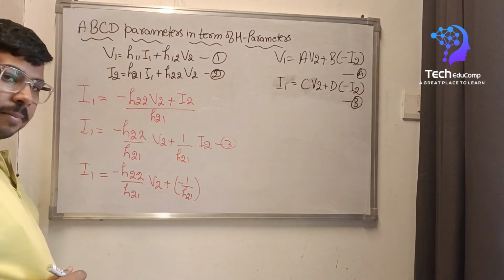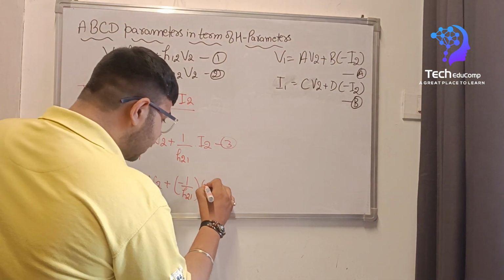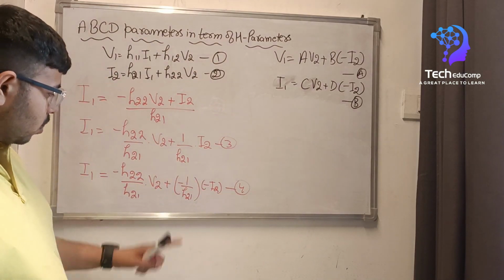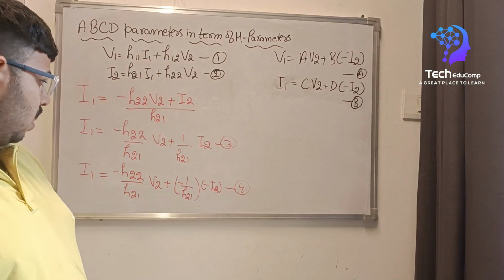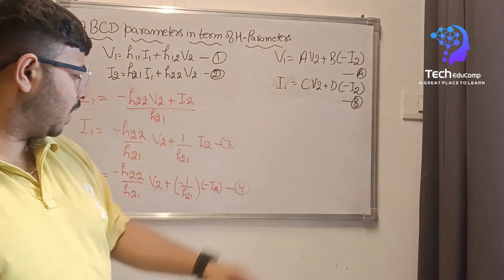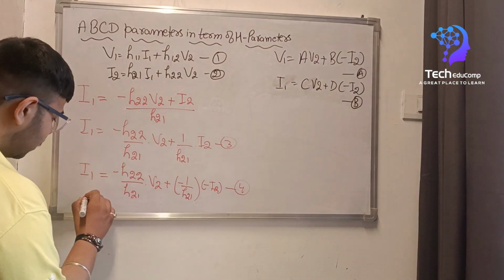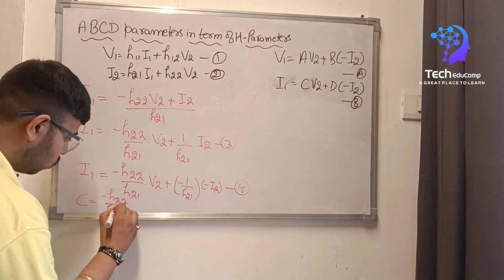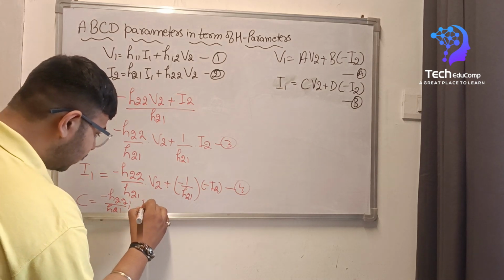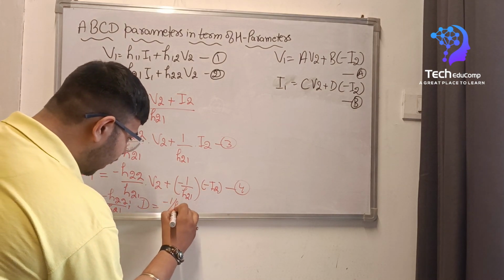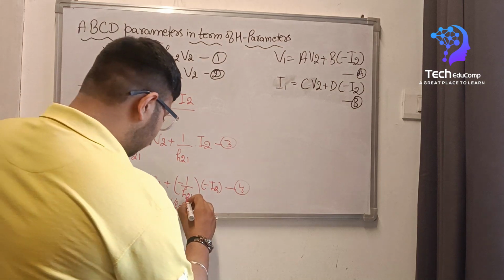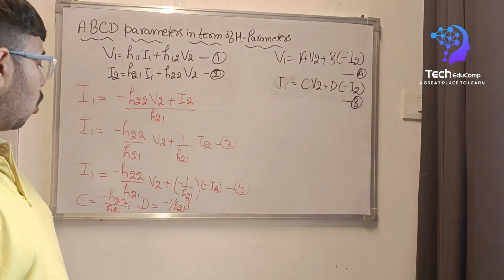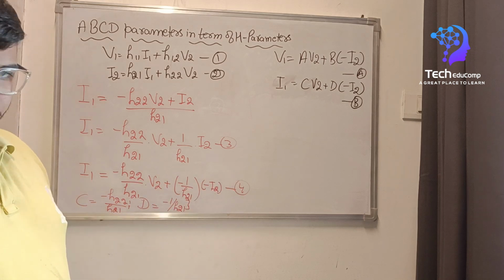Here I will make this term negative, and this term negative. Equation number 4. Because minus minus will be positive. So when you compare it, value of C will be minus H22 by H21 and D will be minus of 1 by H21. These are the values of C and D. Now I got equation number 4.